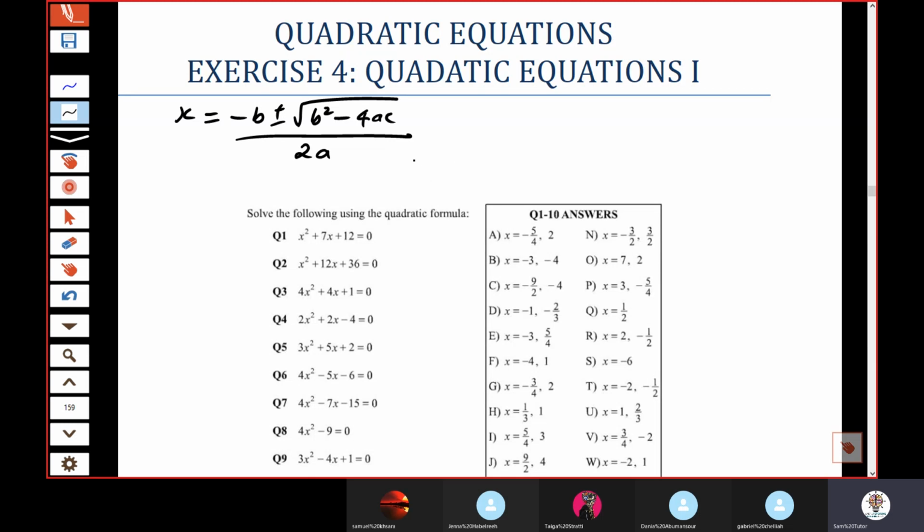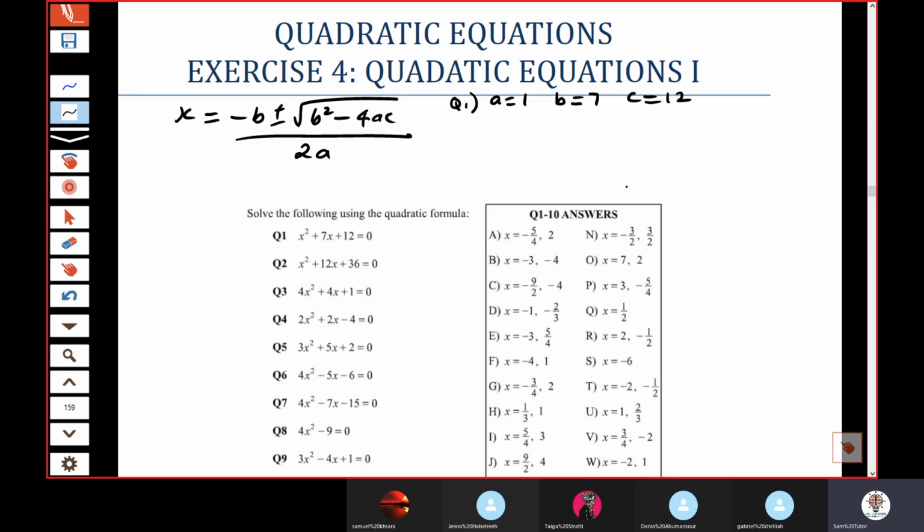Minus b plus minus square root b squared minus 4ac all over 2a. Easy. Let's start question 1. What does a equal in question 1? A is the number in front of x squared. What does b equal? What does c equal?